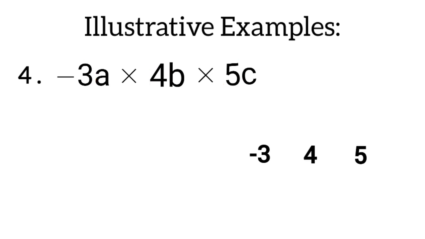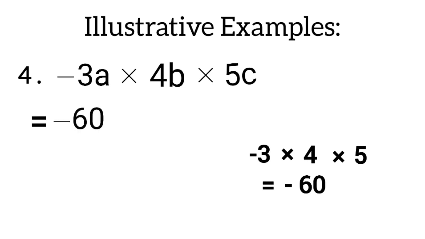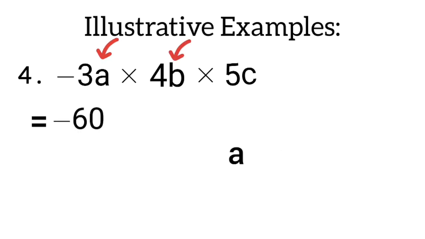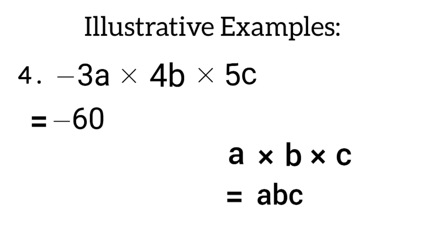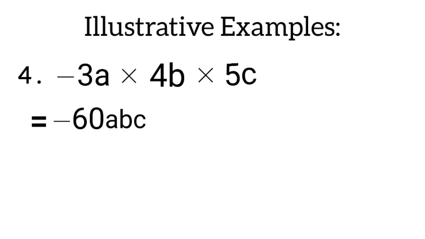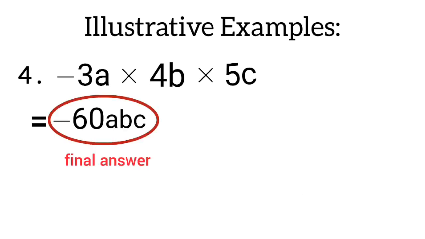Since they are all multiplying, you will get negative 60. The variables a, b, and c will also multiply to give you abc. So when you put them together, the final answer will become negative 60abc.